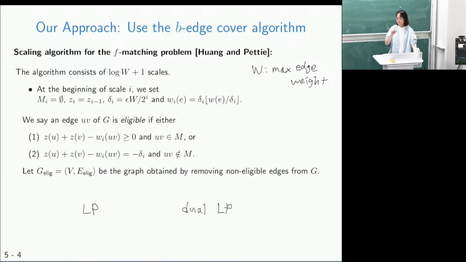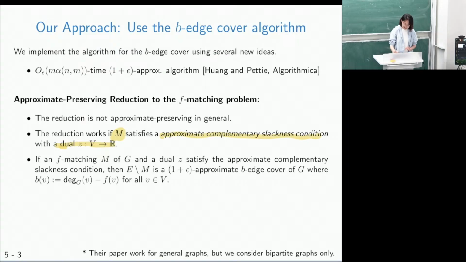So it's a cover, right? Yes, a vertex cover. That's why it's a weight on vertices. And indeed, this approximate slackness condition also comes from this LP dual.